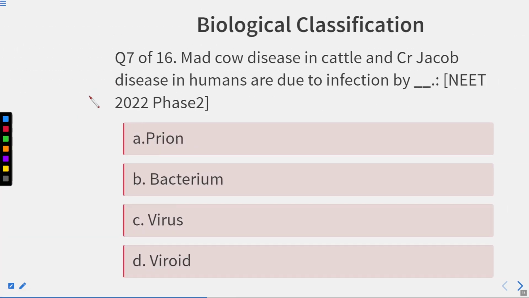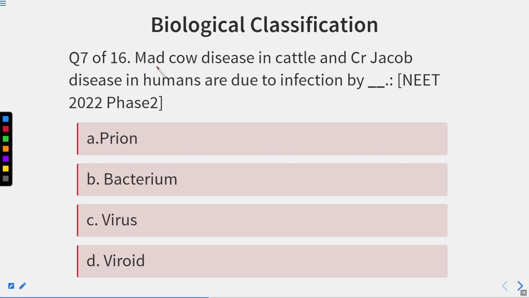Okay. Now next question is, mad cow disease in cattle and Creutzfeldt-Jakob disease in humans are due to infection by prion, bacterium, virus or viroid. If you must have studied about the prions and the viroid. Now what are prions?